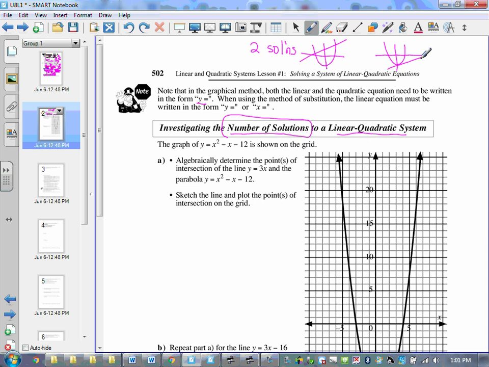There. How many solutions does this one look like it has? Hopefully 1. So when they're just touching, we have 1 solution. What about this one? 0. So they're never going to intersect.